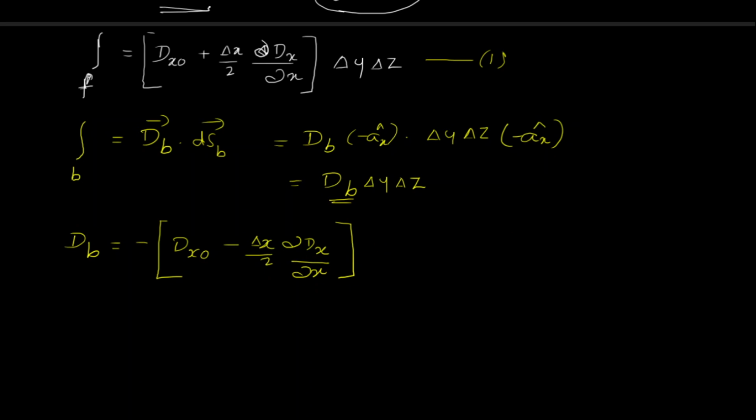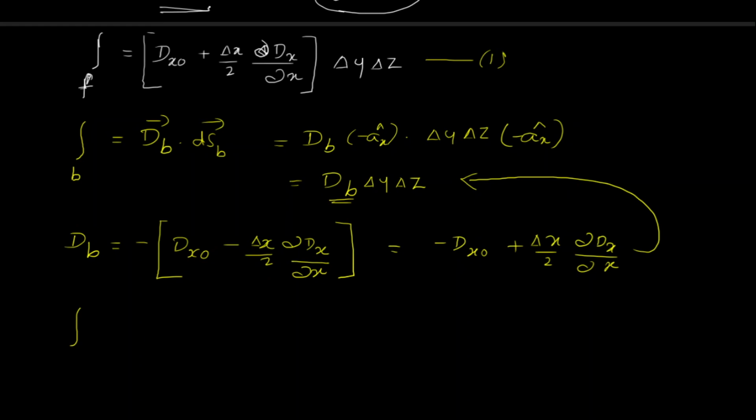Now what should I do? I should substitute this dB in this equation. So I get dB as minus dx naught, multiply that negative inside, it becomes plus delta x by 2 partial dx by partial x. This is obtained by substituting this dB in this equation. So now I know dB.